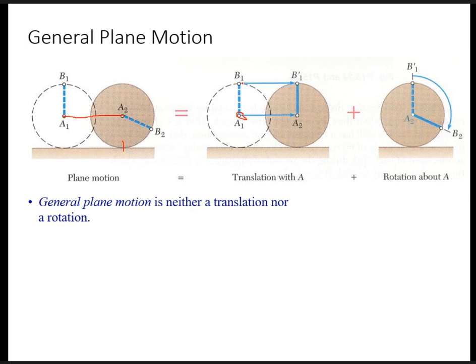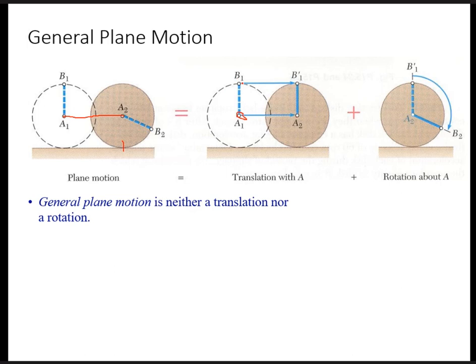Then I am fixing this point A2, and I am giving rotation to this body, and it is achieving the final configuration. So from this configuration to this configuration, what is happening?